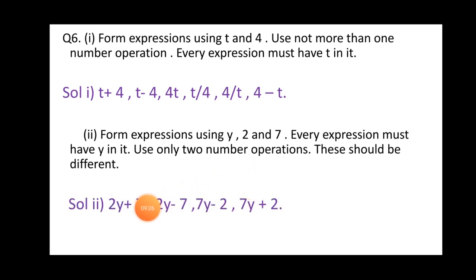So we can write 2y plus 7, then 2y minus 7, or else we can multiply the variable y with 7 and then subtract it from 2, or else multiply y with 7 and add that result to 2. This is how we can form expressions for the given numbers along with the given variable.